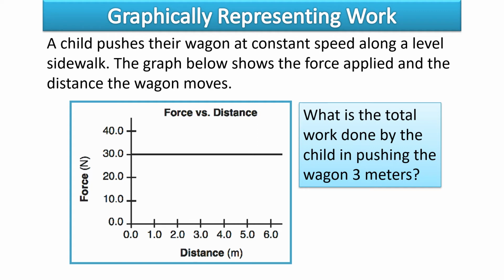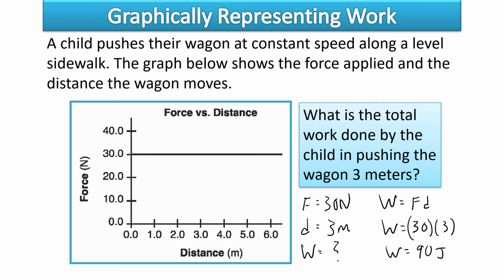You might say to yourself, okay, since the force is constant, I know that F is always equal to 30, and the distance that we care about is equal to 3 meters, so I could definitely find the work. It's equal to 30 times 3, or 90 joules. But if you remember, when we were analyzing graphs in the kinematics unit, we kind of did this in a different way.